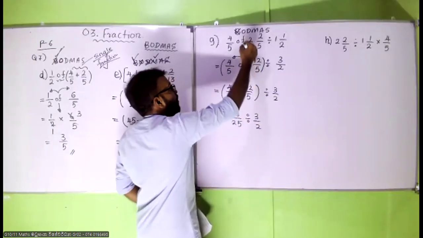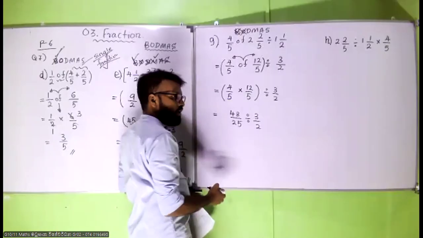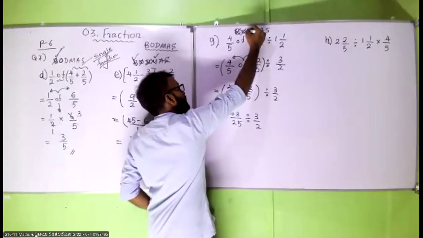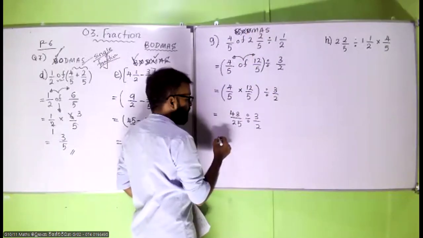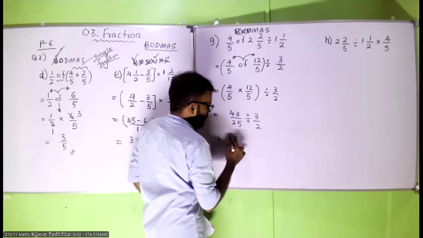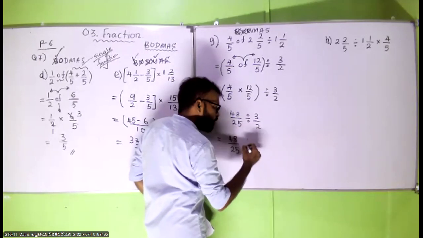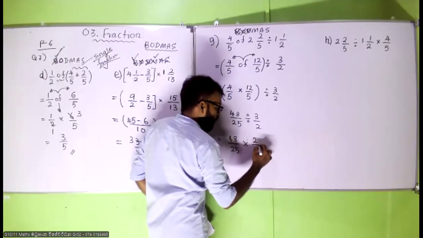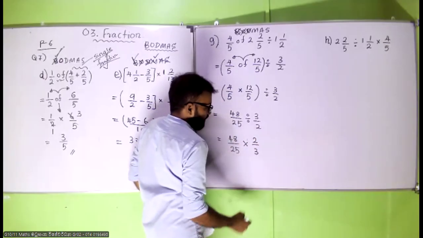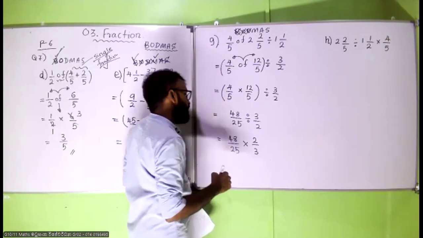Now the of thing is okay. Now do we have divisions? Yes. We have to simplify divisions. 48 upon 25 divided by 3 upon 2 can be converted into multiplication, 2 upon 3. Can we simplify numerators and denominators?